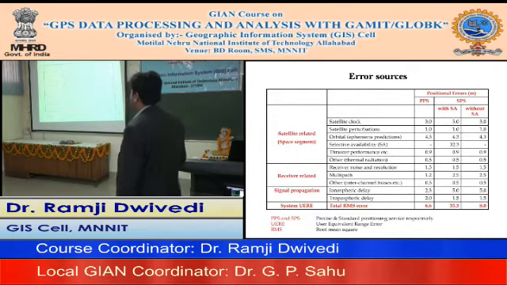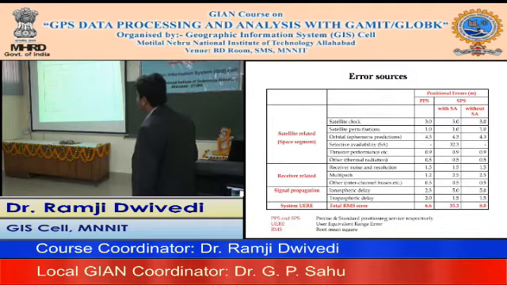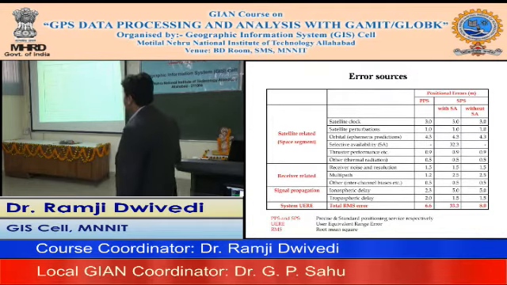Satellite perturbations, orbital ephemeris prediction. Obviously, you could see that with the satellite clock, the component could be more. At the receiver end, there are receiver noise and resolution, multipath, and other interchannel biases.